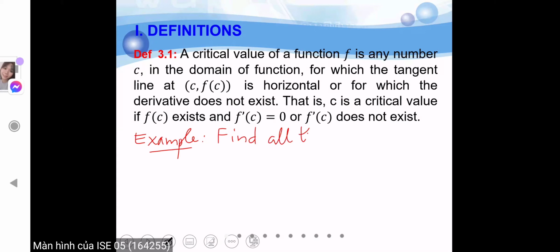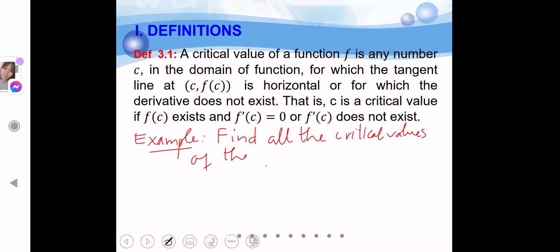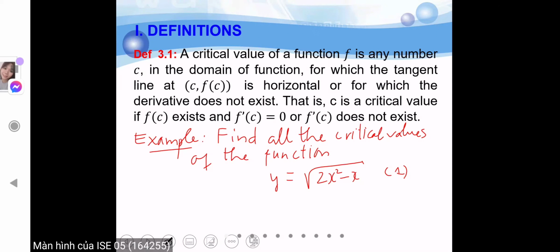Find the critical values of the function y equals square root of 2x squared minus x.